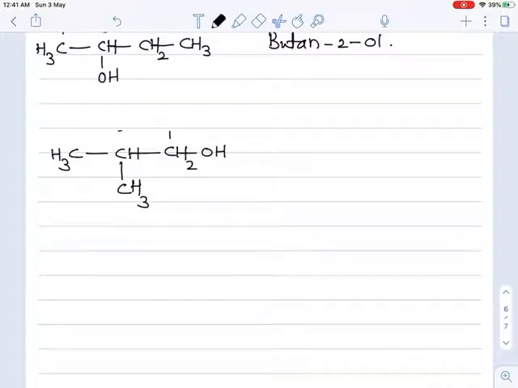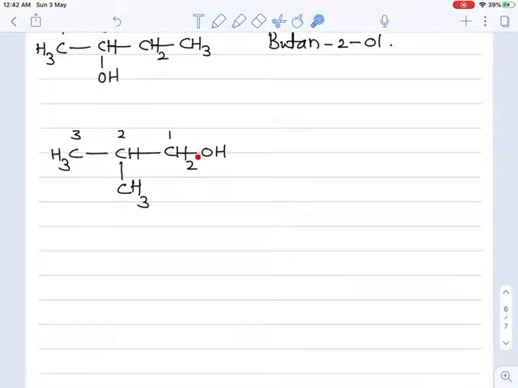Now number the chain from the side which gives the lowest possible number to the carbon to which the OH group is attached. So this is a 3 carbon containing chain. At position 2, the methyl group is the substituent or branched chain, and the OH group is present at carbon number 1.